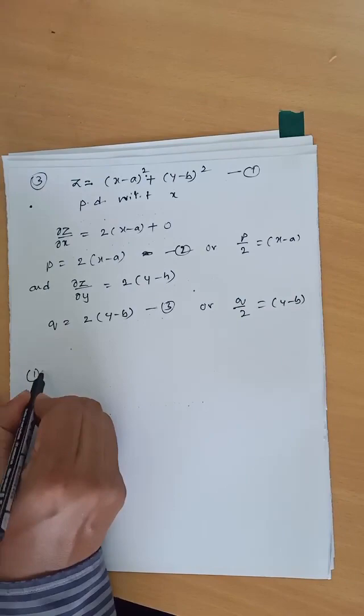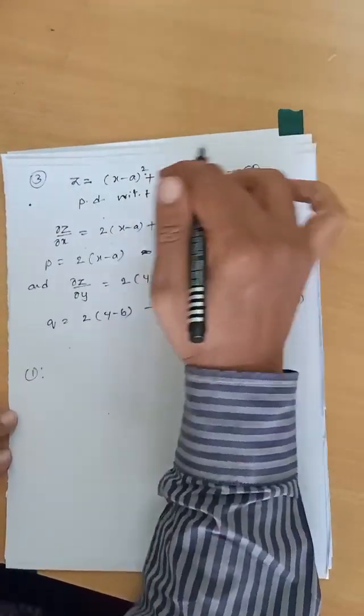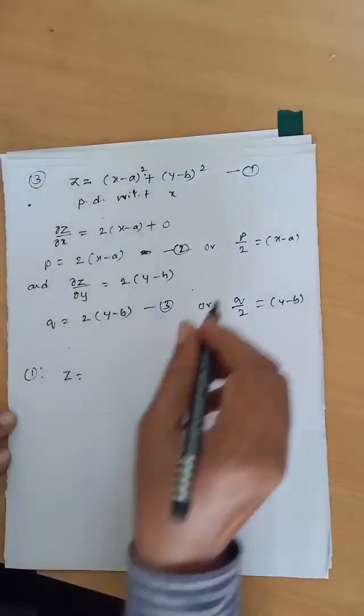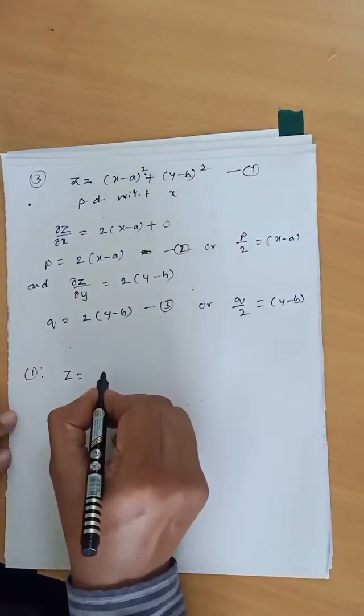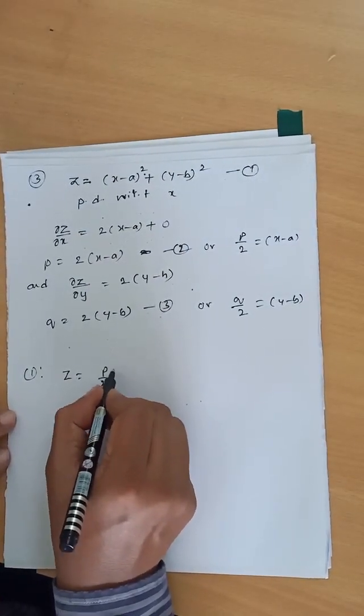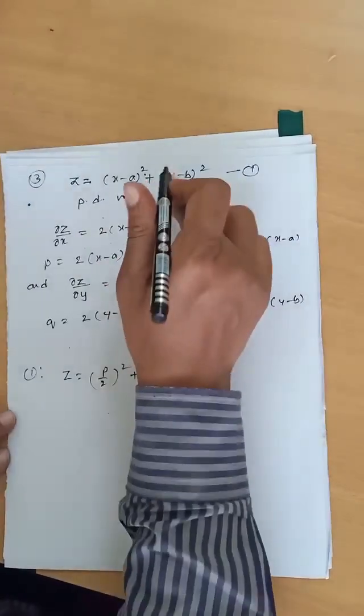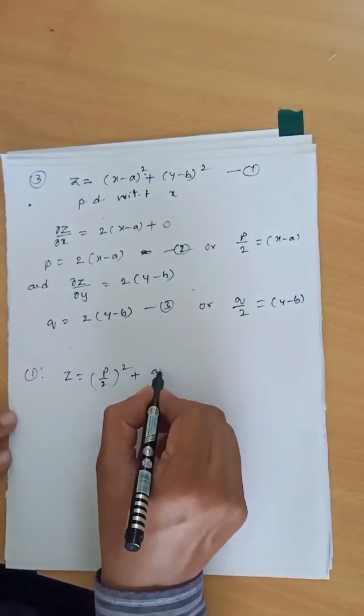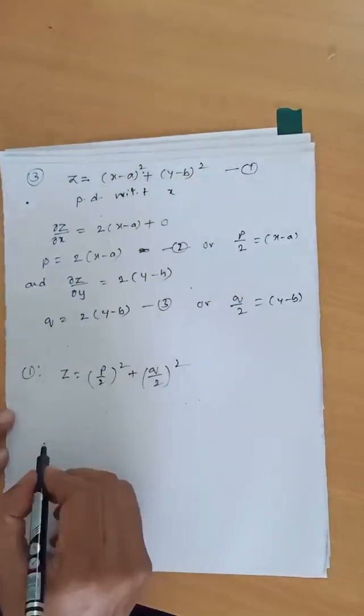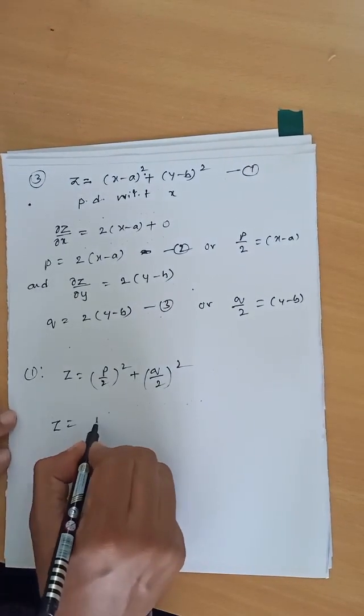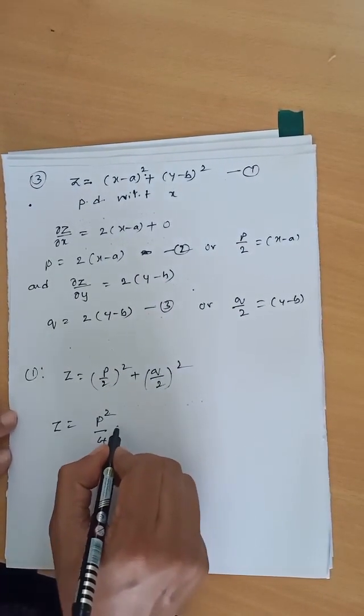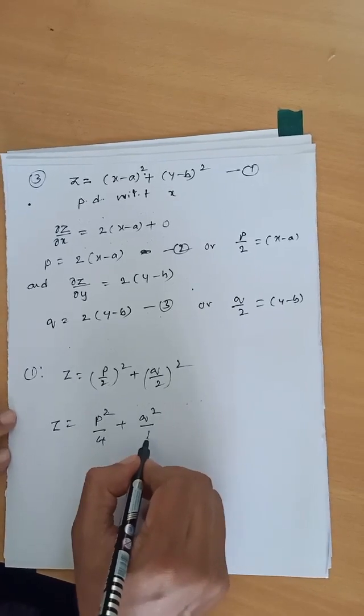So equation 1 becomes z equal to p by 2 whole square plus q by 2 whole square, that is p square by 4 plus q square by 4.